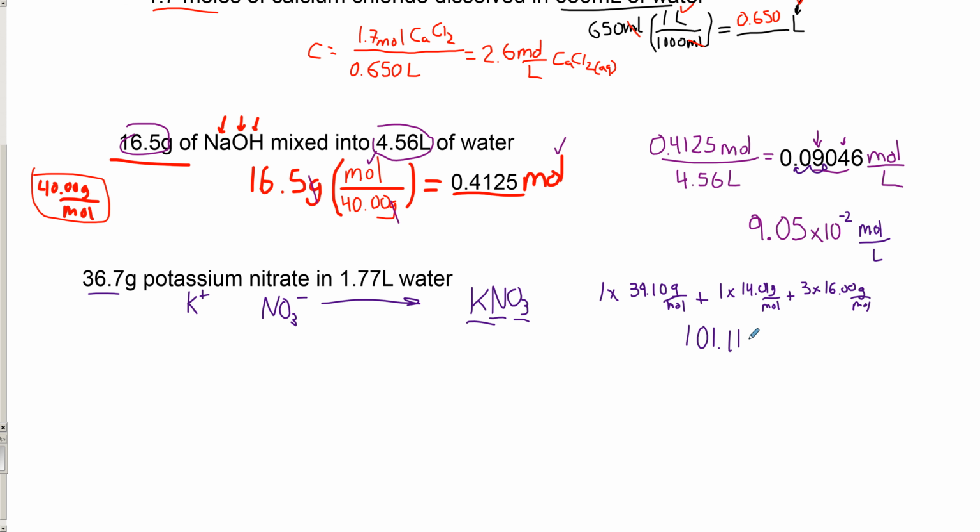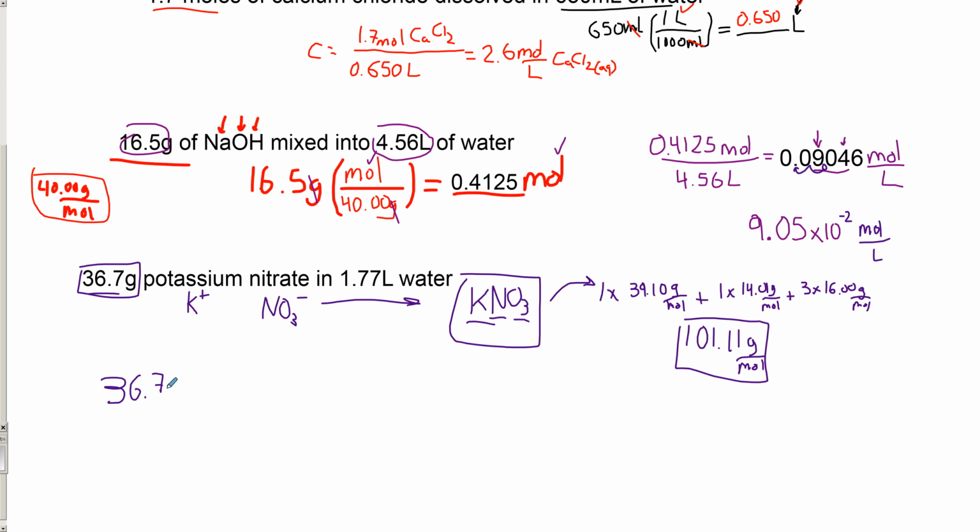So going from chemical name to what ions are in it, and from what ions are in it to the formula, is how we find out what's in it, and that tells us how much the chemical weighs. Now we need to turn our grams number into moles using the molar mass. We do it the same way: 36.7 grams, conversion bracket.